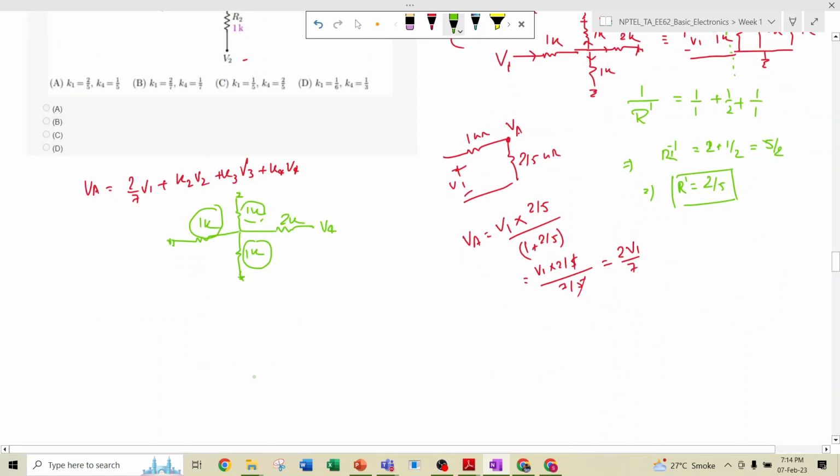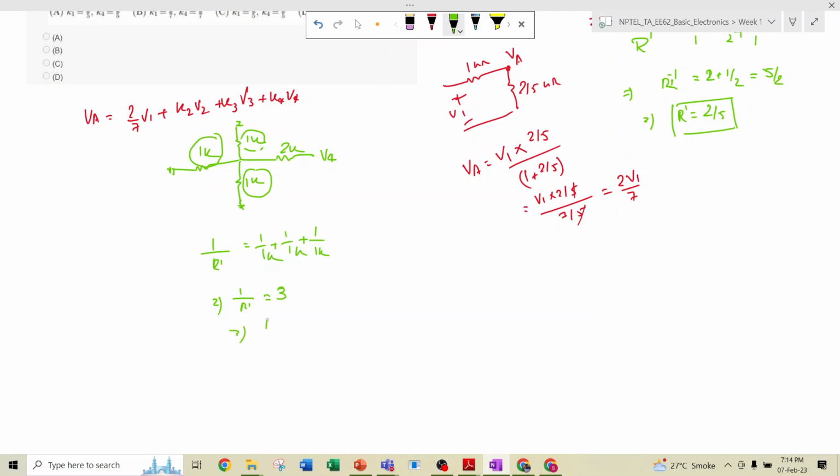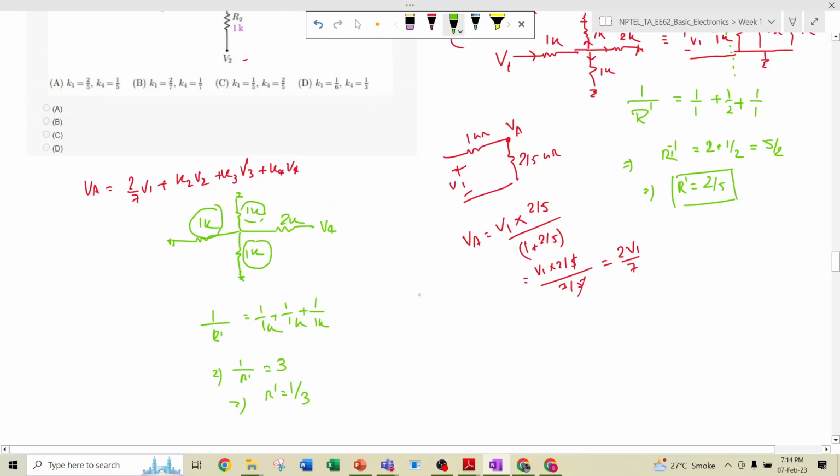So what will be the equivalent resistance? 1 divided by R dash is equal to 1 by 1 plus 1 by 1 plus 1 by 1, that is 1K. So 1 by R dash is nothing but 3. So R dash will be 1 by 3.